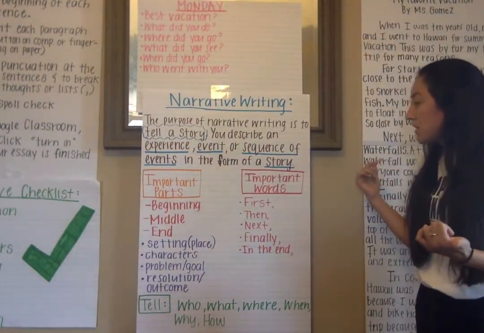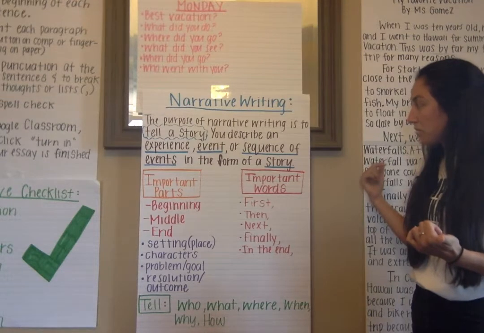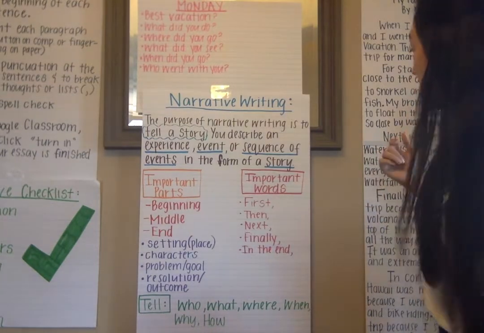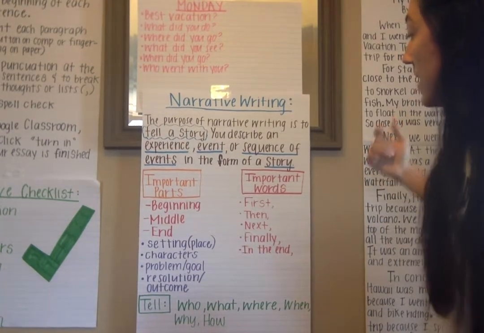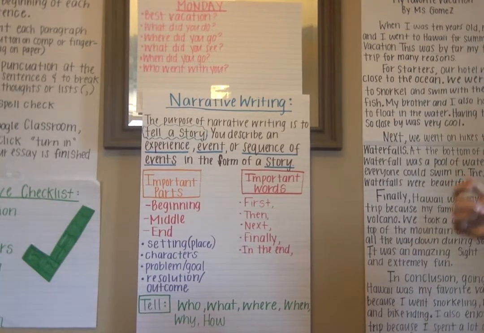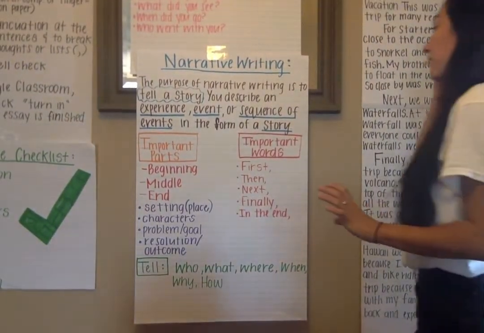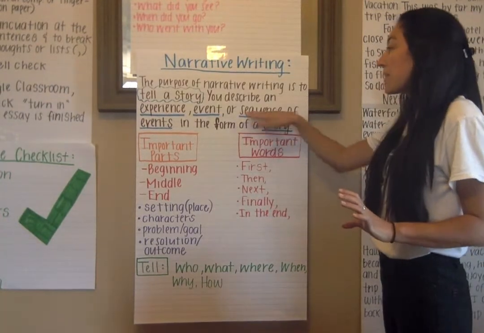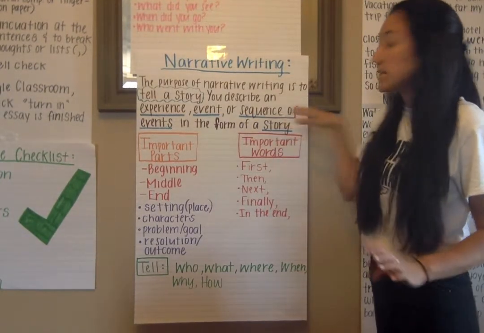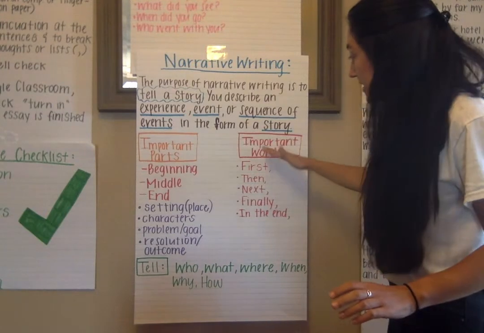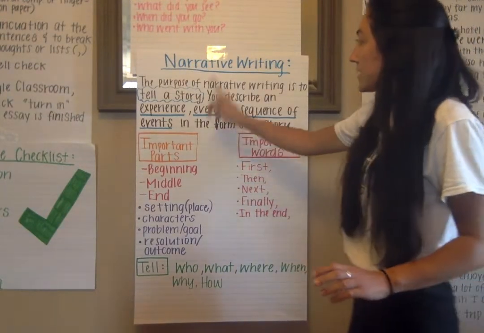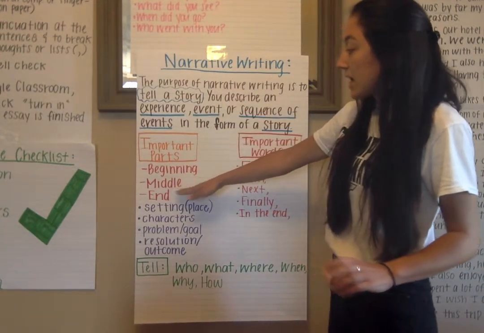Some important words that you can use throughout your narrative writing would be first, then, next, finally, in the end, because those are all transitional words, but they also help you when you're doing a sequence of events because it places them in order. And I said that narrative writing had to have a beginning, a middle, and an end.